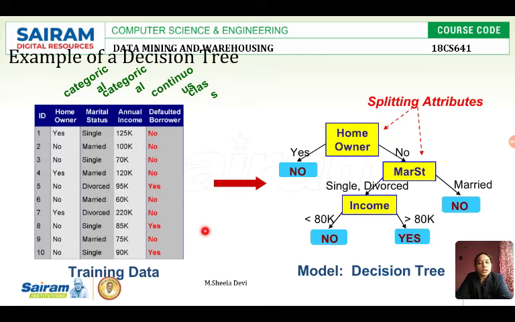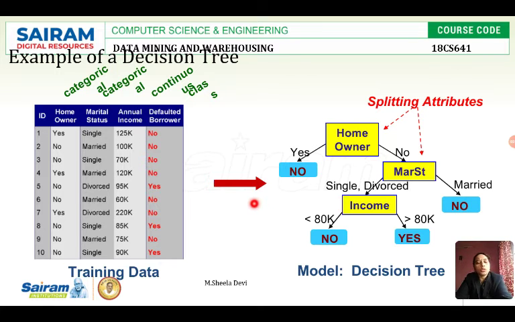It is a customer who is not paying the loan, who is not paying the EMI. Based on these three characteristics, our classifier is going to decide whether he will be a defaulted borrower or not.